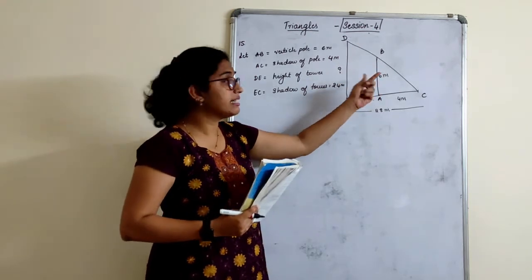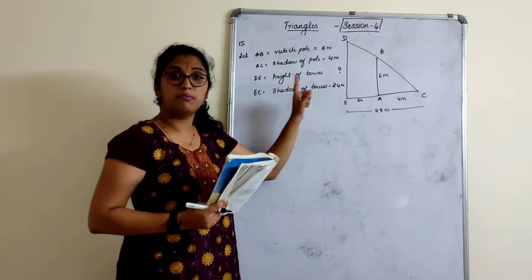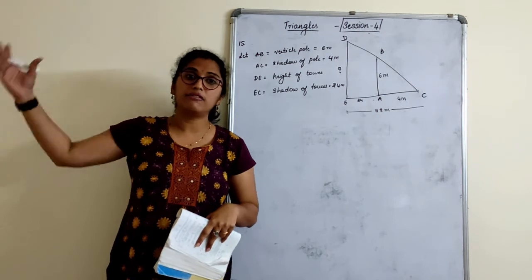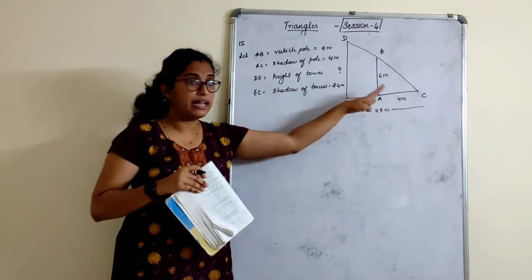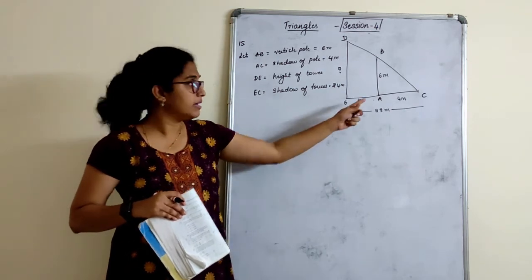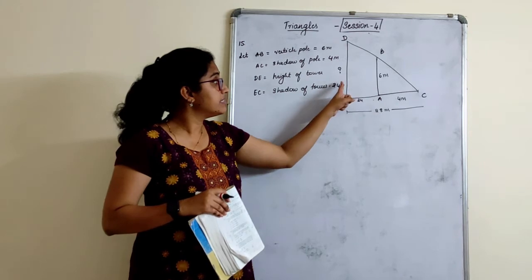See, simple thing I'll tell you, when you look at this, nobody has told you that this is parallel to this. But assume that if a pole is there and a tower is there on the same line, are they both parallel to each other? Of course, they are parallel. They are perpendicular to the ground with respect to that, right? That means this is parallel.